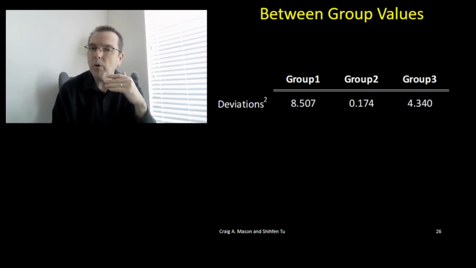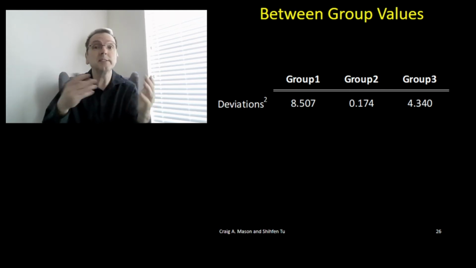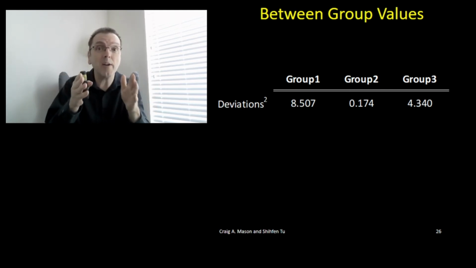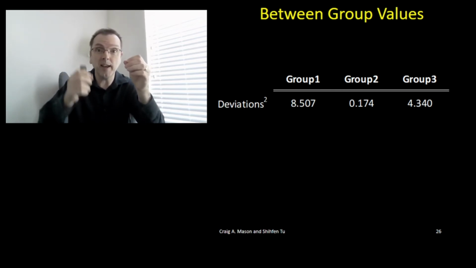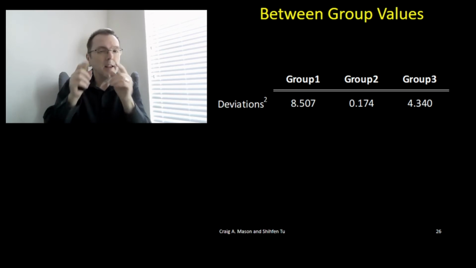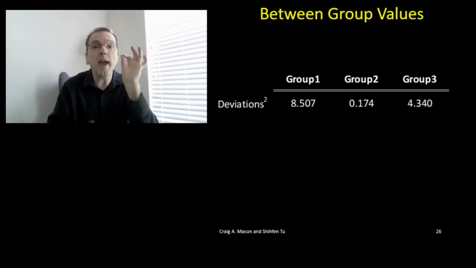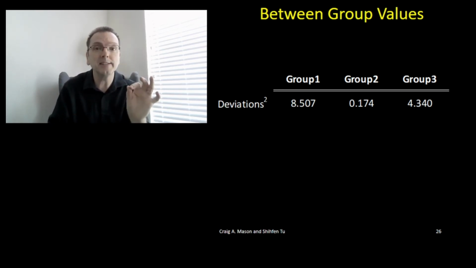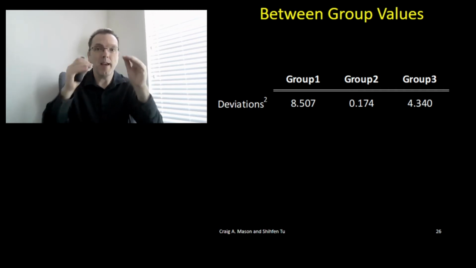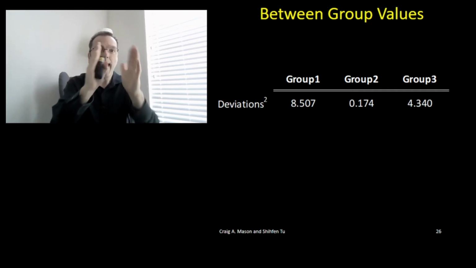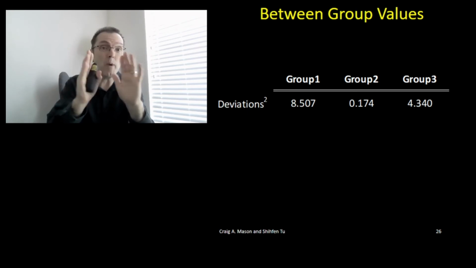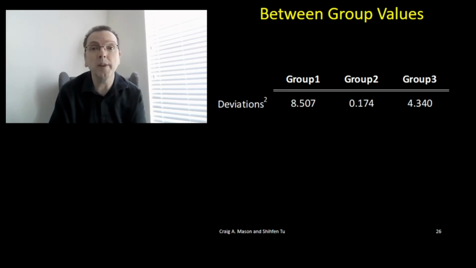Now remember, when we discussed partitioning the sum of squares, these values, the squared difference between one's group mean and the overall grand mean, those values applied to every person in the data set, right? Every person in the data set has that deviation squared associated with them.